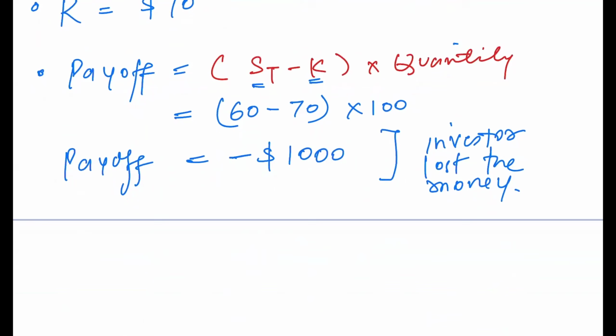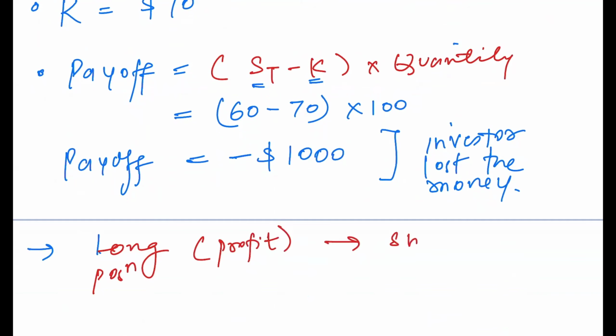So always remember, if in a long position someone is making profit, then in the short position the party will be making a loss. Whatever profit he is making, similarly the same loss this party will be making.